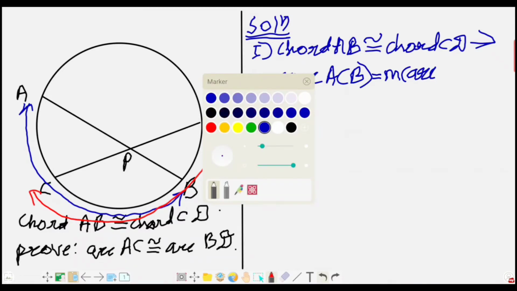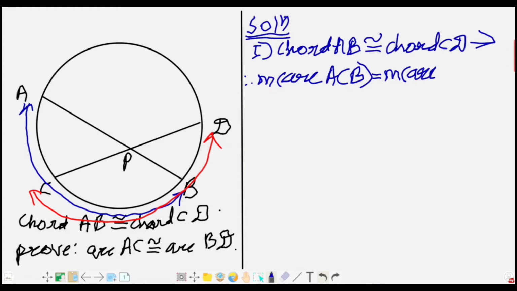Why, students? You have to write the reason that congruent chords subtend congruent arcs. So corresponding arcs of congruent chords are always equal.